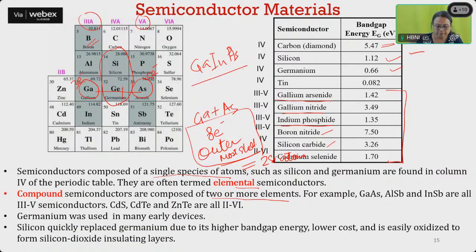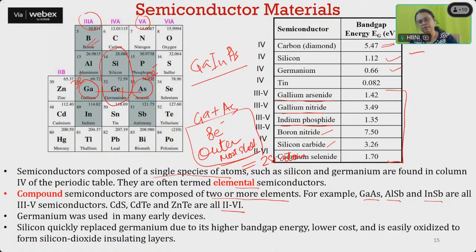For example, gallium arsenide, aluminium antimonide, and indium antimonide are all 3-5 group semiconductors. Similarly, we can also have 2-6 group semiconductors. The elements are combined so that together they have an average of 8 electrons in their outermost shell. This is how the compound semiconductors are formed.